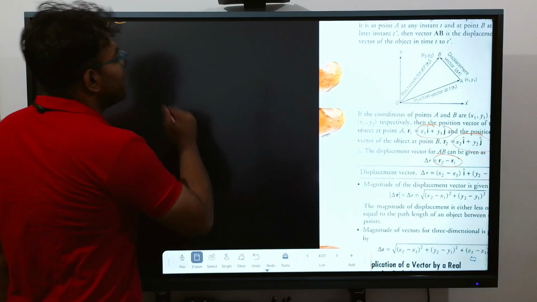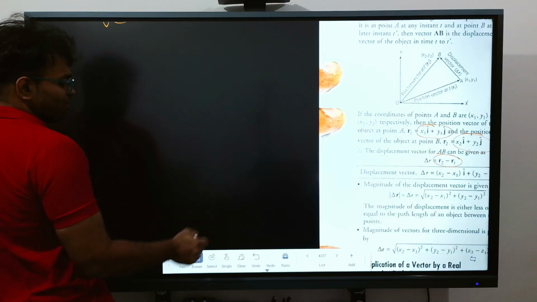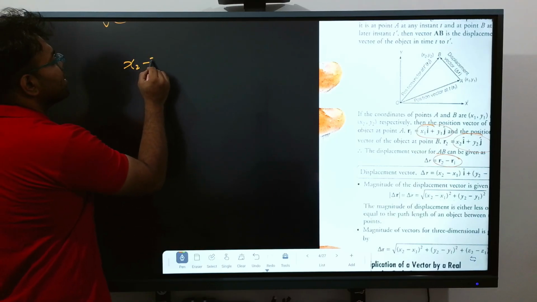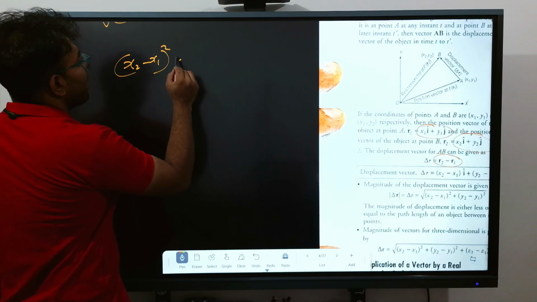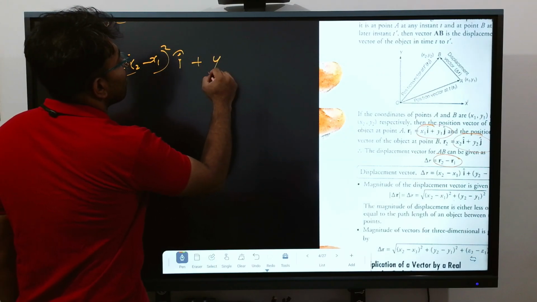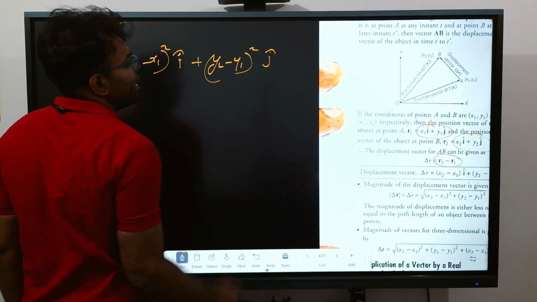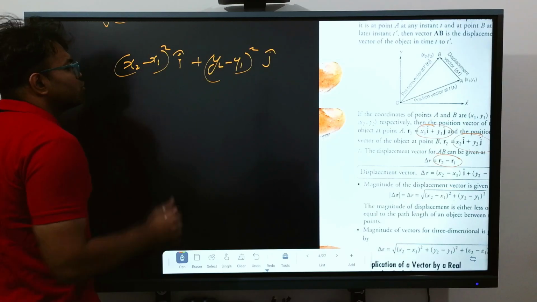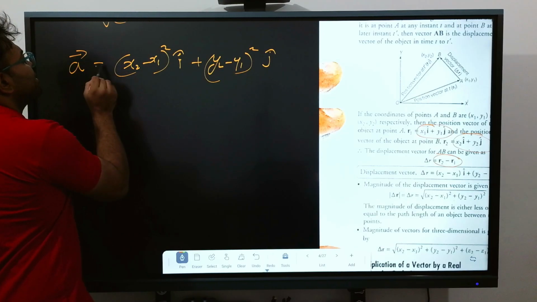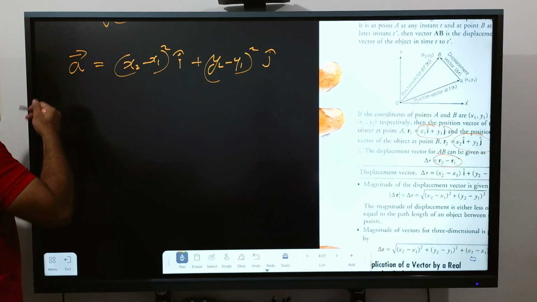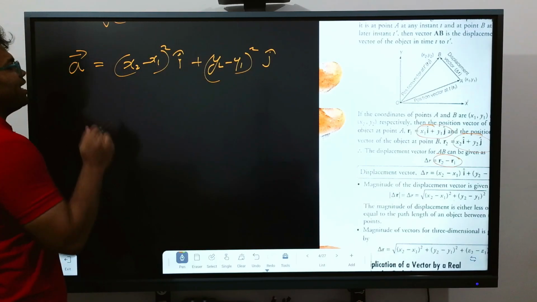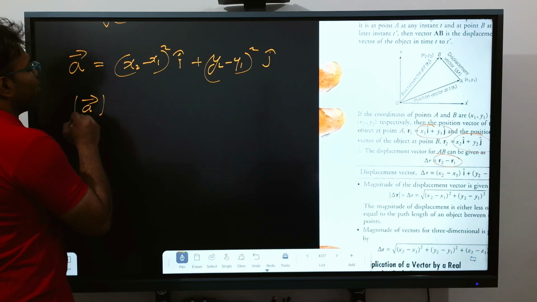Now we know that the displacement vector is given as what? (x2 minus x1) i cap plus (y2 minus y1) j cap, right? So if this is representing the a vector, the displacement vector written like this, then I can write the magnitude of a vector.